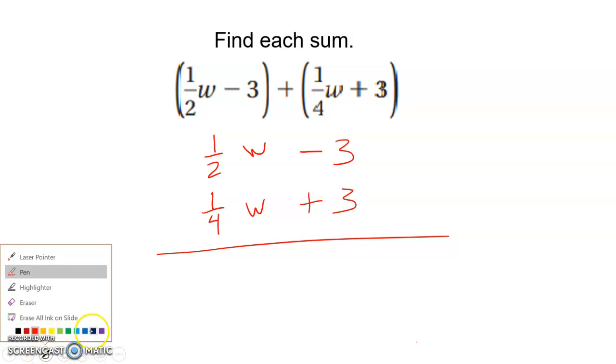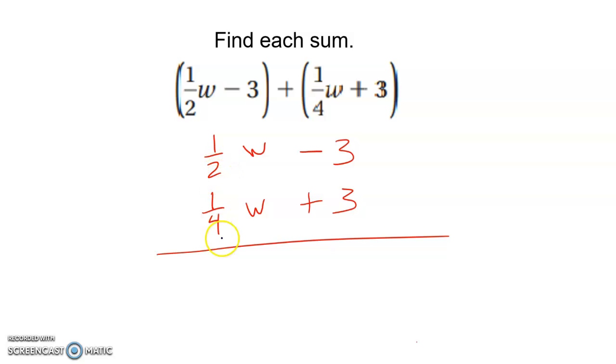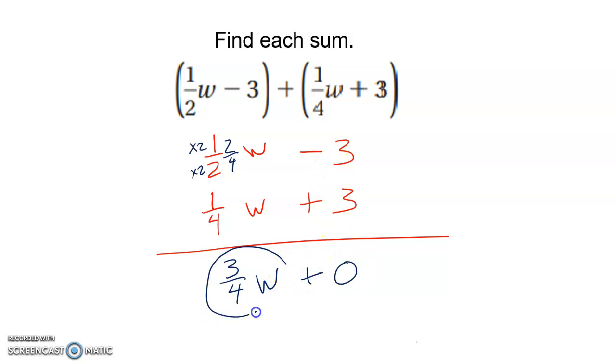If we look at 2 and 4, the common denominator would be 4. So I have to multiply this by 2. That's going to give me 2/4 and 1/4. So 2/4 plus 1/4, that's 3/4 w. And a negative 3 and a positive 3, that's a 0. So your answer is really just 3/4 w. You wouldn't put the plus 0.